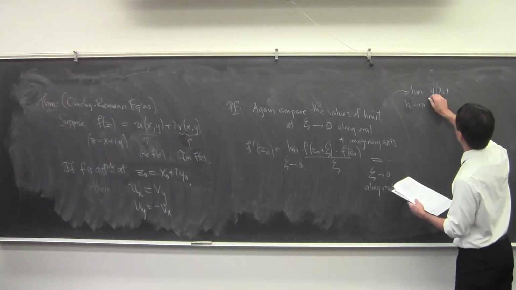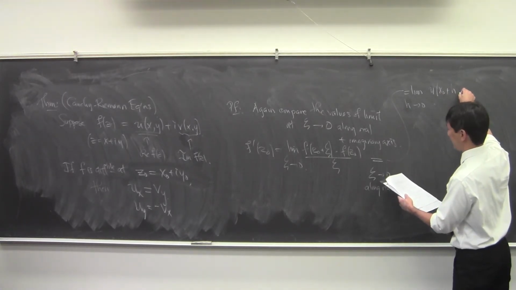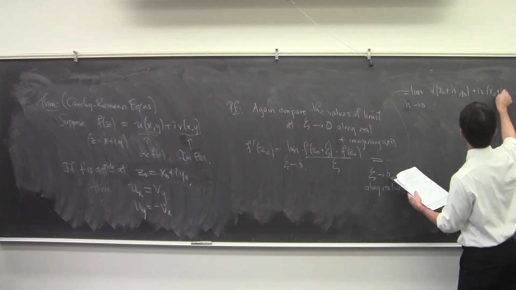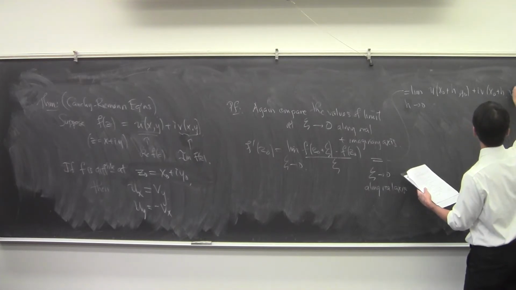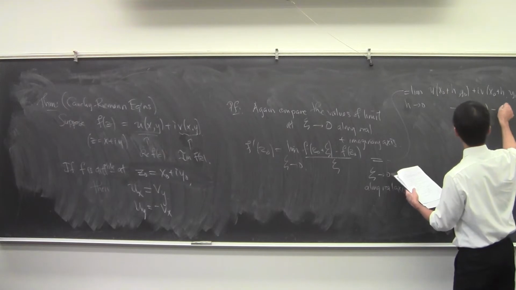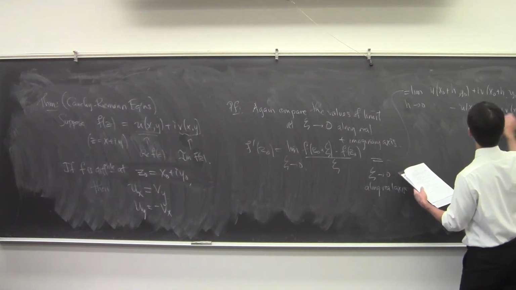So u of x naught plus h comma y naught plus i v of x naught plus h comma y naught minus u of x naught y naught minus i v of x naught y naught over h.